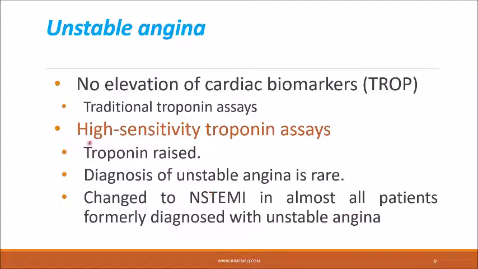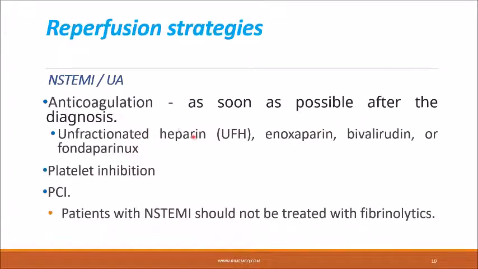So, if you do high sensitivity troponin assays, diagnosis of unstable angina is rare. Anyway, the distinction between non-STEMI and unstable angina is not that important because the treatment is the same.